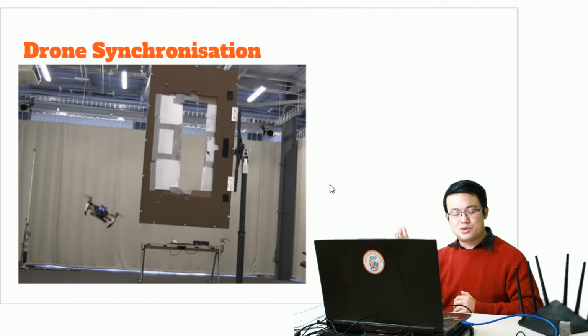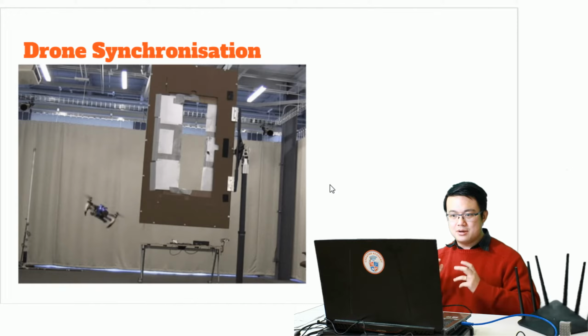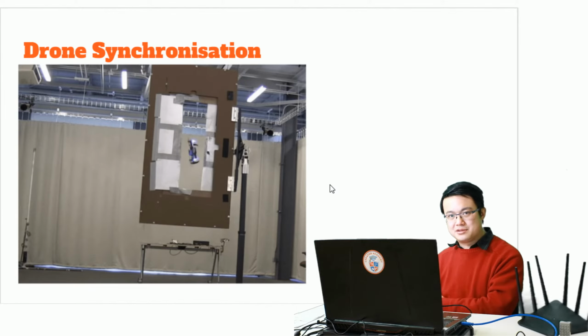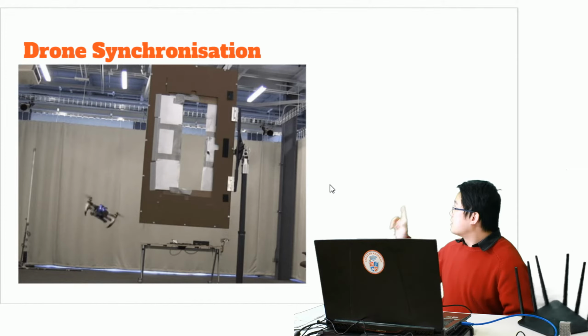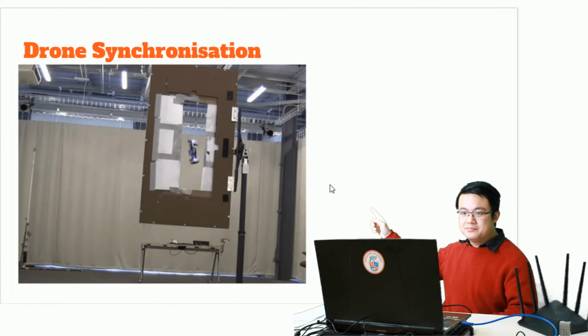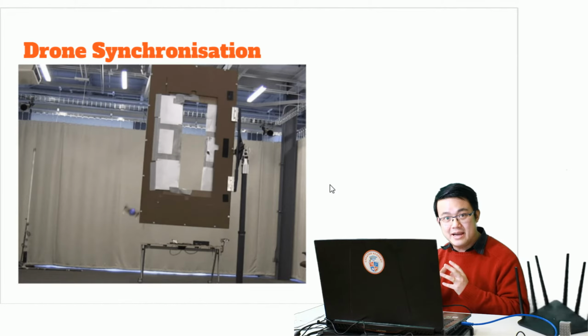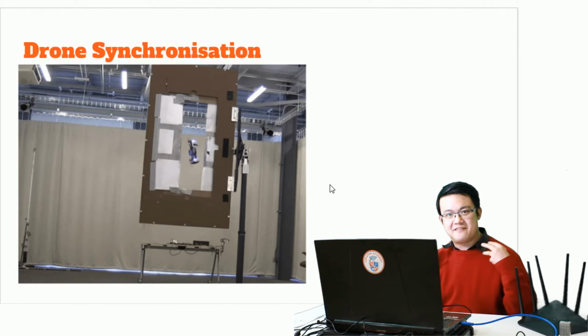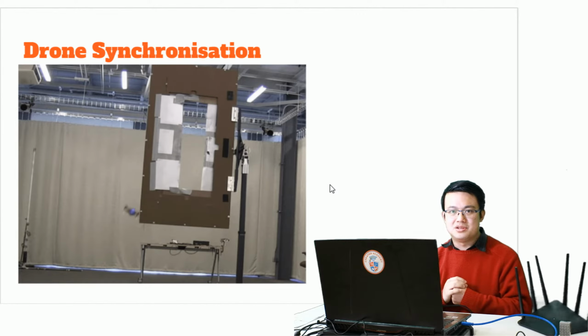This drone is actually flying automatically. But how does it know how to fly through this gap? Well, at the corners of this room are actually cameras, and these cameras are feeding back information to the drone to tell it how to fly.